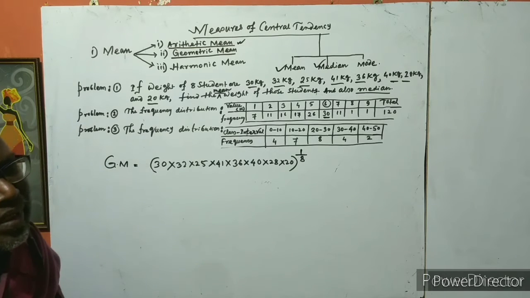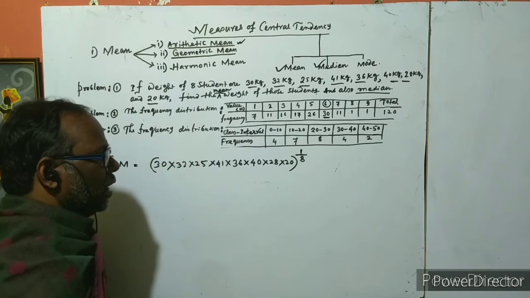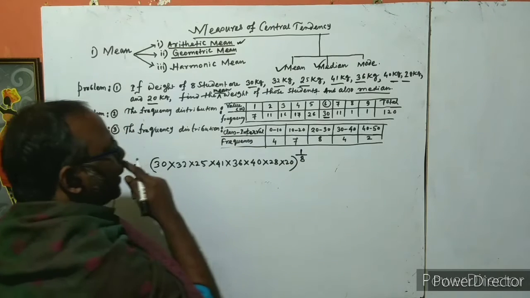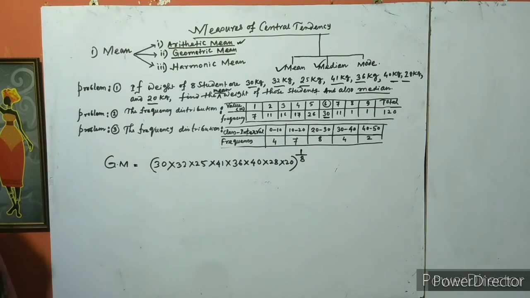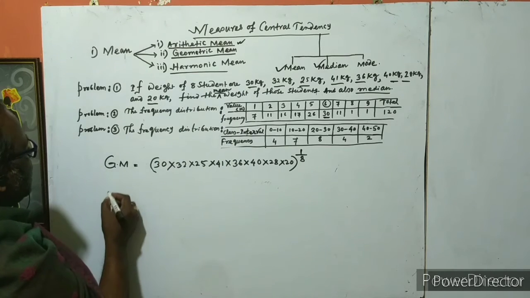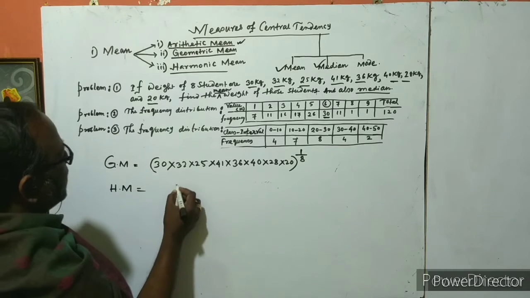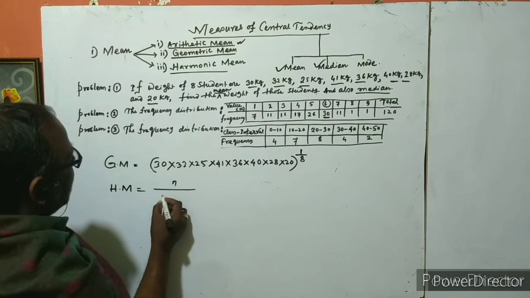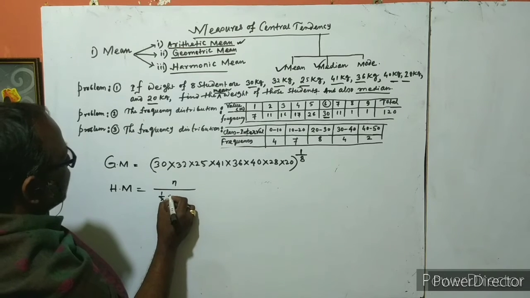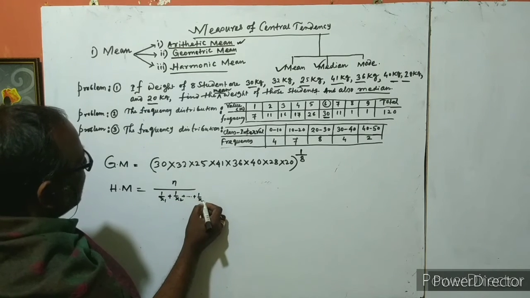But I want to introduce what the GM is. So GM, for a simple series, is the product of the numbers raised to the reciprocal of the number of items. Okay, and it's called the GM. And you have to introduce the HM. And what is the HM of these numbers? The formula for HM is n divided by the summation, that is 1 by x1 plus 1 by x2, and so on up to 1 by xn.